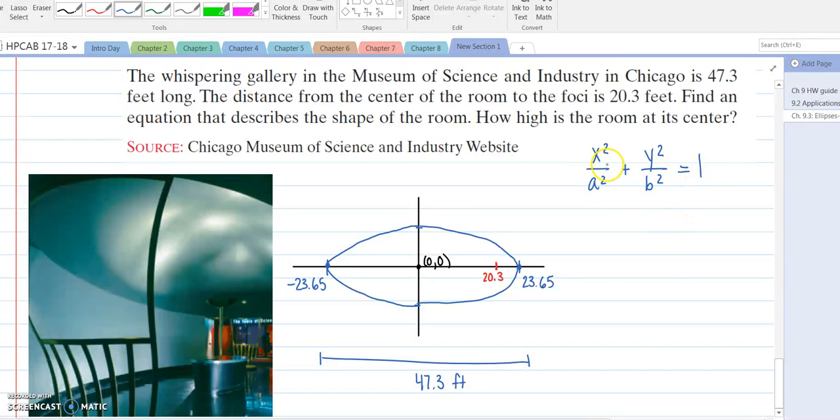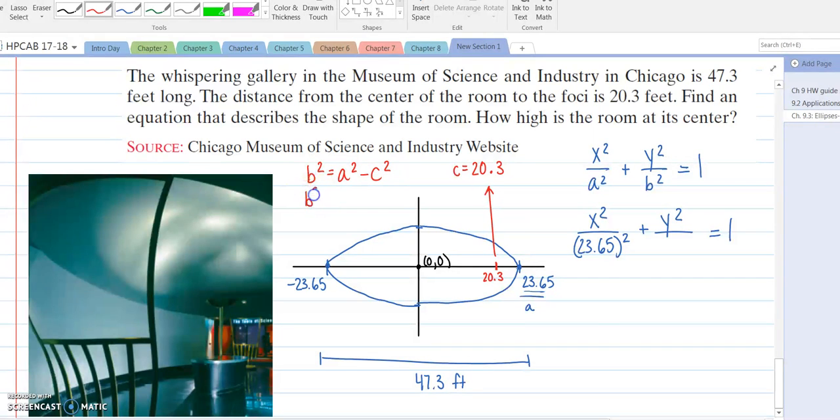I know a, because a is the distance from the center to my vertex, and that's what this 23.65 represents. So I can plug that part in: x squared over 23.65 squared. It's the b squared that I really need to know, and it's not given to me, but it did give me the foci distance. So this right here is telling me c is 20.3. Anytime you have your foci distance, you should be able to use the equation b squared equals a squared minus c squared to calculate your b value.